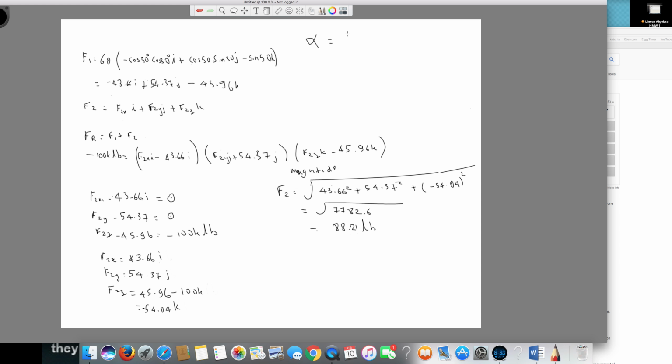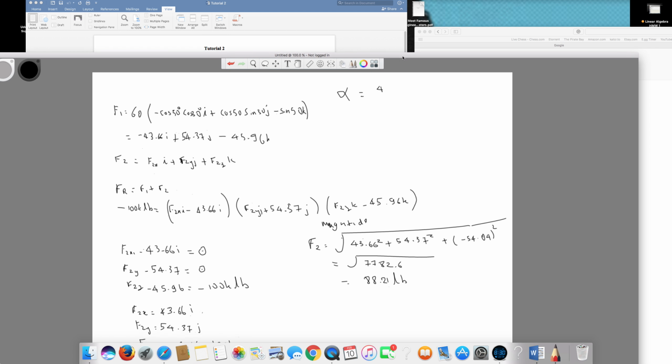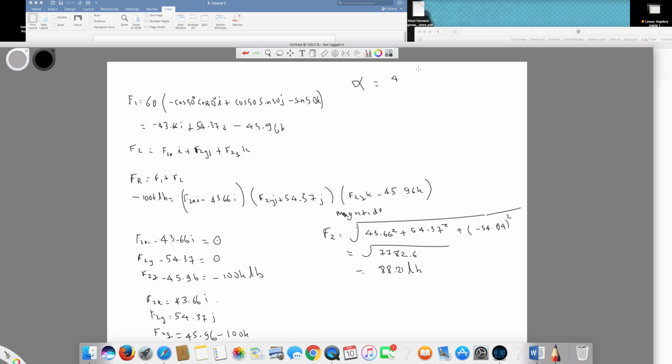So what we have to do is find the cos inverse, because cos alpha is going to be equal to 43.66 over 88.21.